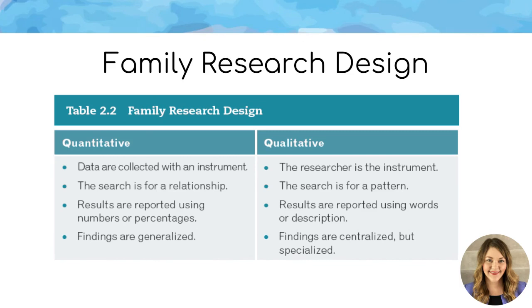This study could involve a researcher conducting interviews, observation, or even both in an effort to understand those families' lived experiences. So quantity, numbers, looking for something in percentages as in the report. Quantitative is quantity. Qualitative means some type of quality. We're using words or descriptions.